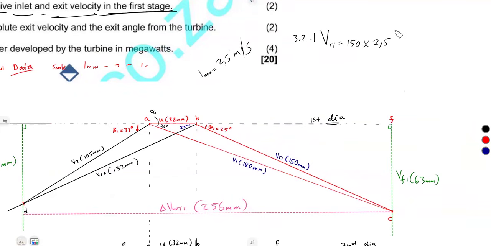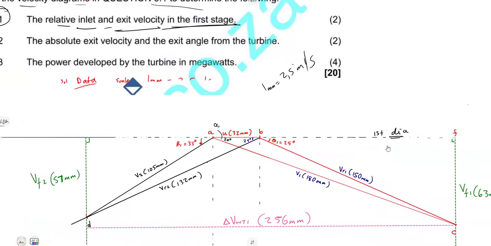That was going to give us the value of VR1, 375 meters per second. And the exit is what? VR2. So VR2, 132 times 2.5 the scale, it is going to give us 330 meters per second, all right? So this is what you had for 3.2.1.